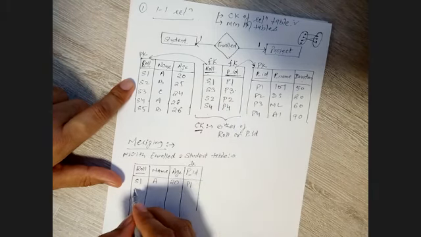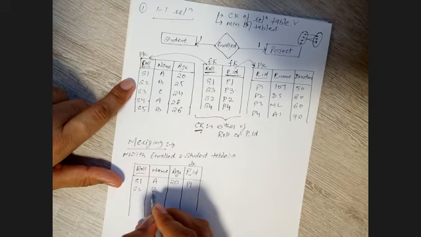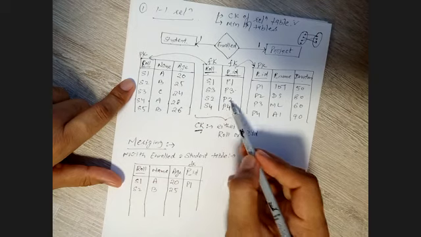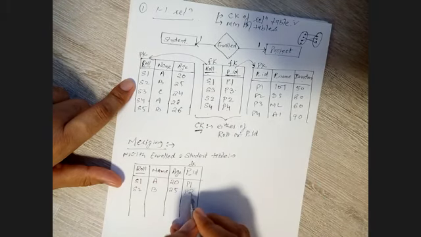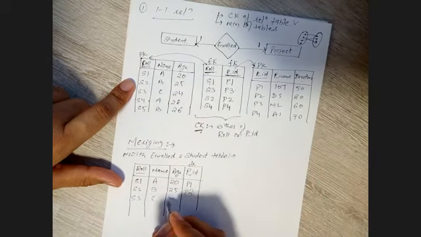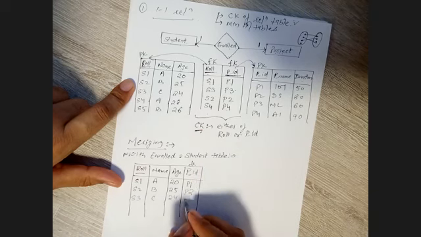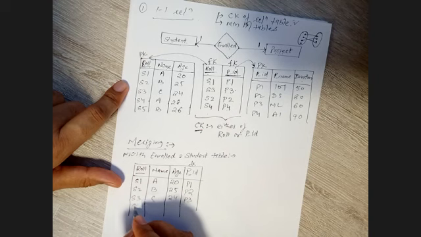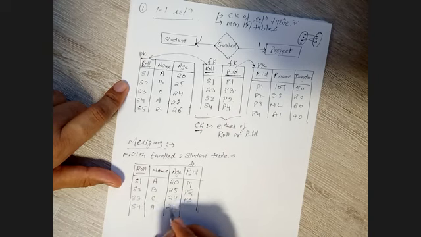S2 B 25, and S2 is enrolled in project P2. In this way, we can merge all the values into this student table. For S4, we have A 28, and S4 is in P4.